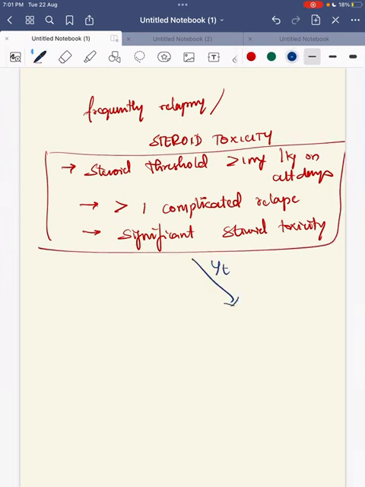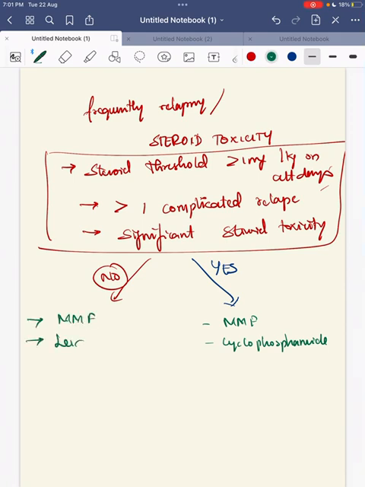If the child has these three features, if this is yes, then you start the child on mycophenolate mofetil or cyclophosphamide. If the child doesn't have these three features, if the child has a steroid threshold of only 0.7 mg per kg on alternate days, then considering the patient's age, toxicity and everything, you should decide the treatment, whether it is a low dose steroid sparing agent or a high dose steroid sparing agent.